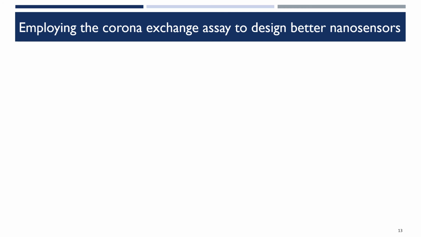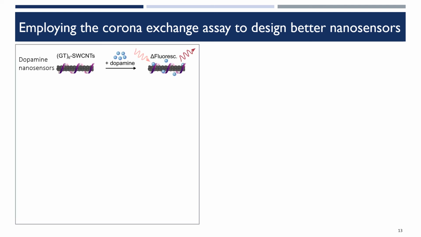Just briefly, we have shown that this corona exchange assay is generalizable to measure dynamics of other biomolecules on the carbon nanotube surface. Circling back to the dopamine nanosensor I introduced at the beginning, I want to show how this corona exchange platform was used to develop better nanosensors.